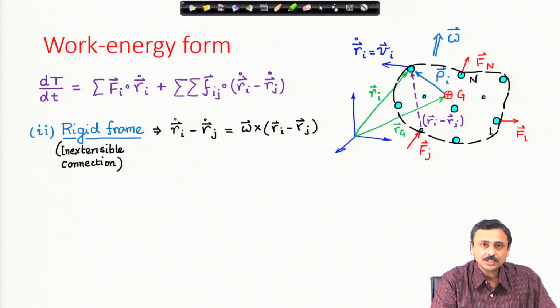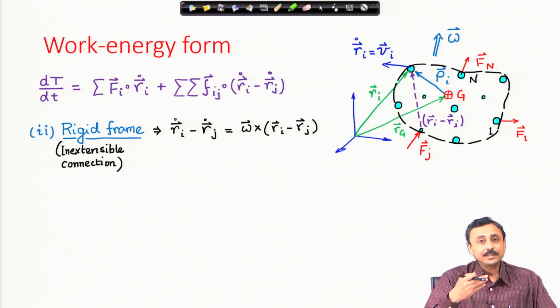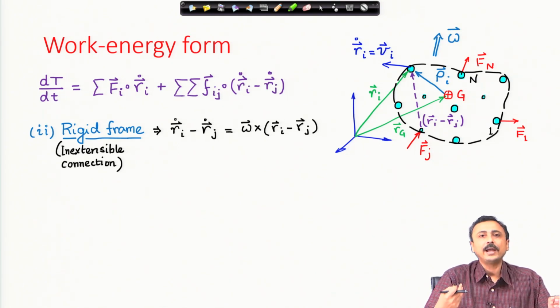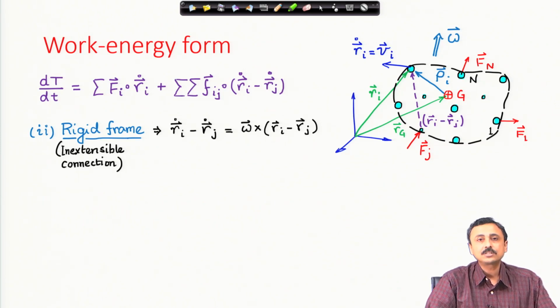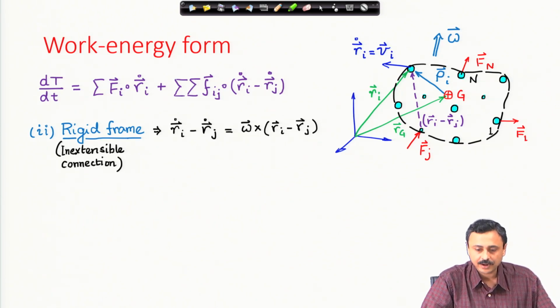The relative velocity between these two mass points is omega cross (r_i minus r_j), the vector connecting these two mass points, but this is true only when these particles are rigidly connected. It is like these two particles are on the two ends of a rigid connection. So, this whole rigid connection has a single omega, and r_i dot minus r_j dot is omega cross the relative vector r_i minus r_j, as discussed extensively under kinematics.